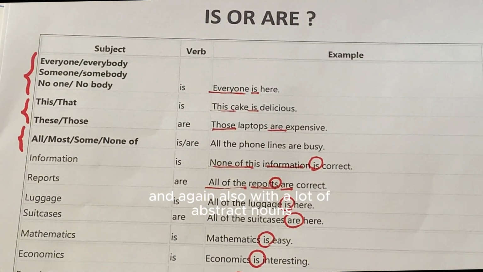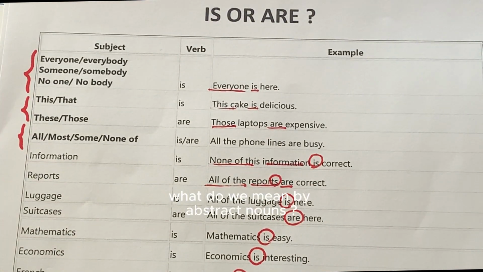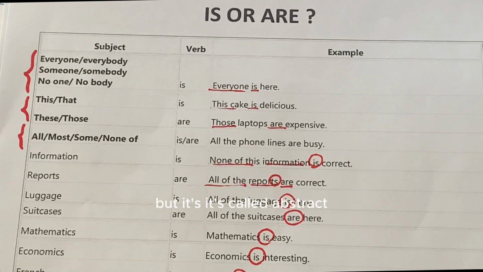And again, also with a lot of abstract nouns like advice. What do we mean by abstract nouns? They are not talking about physical things, for example, love or advice or education, right? It's not something you can hold in our hands, but it's called abstract, and those are non-countable. So those are singular.